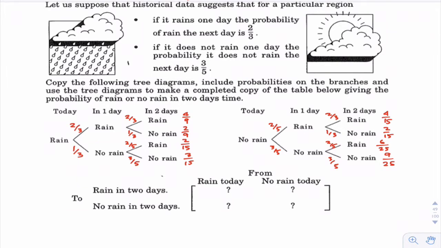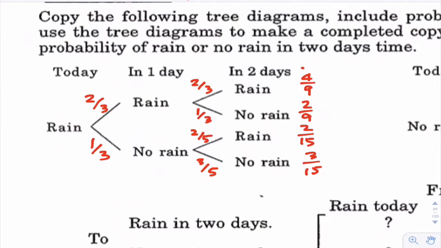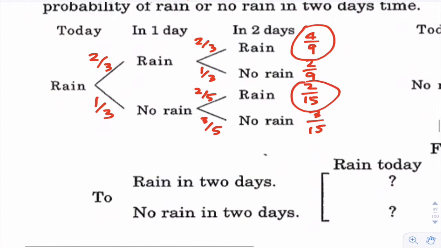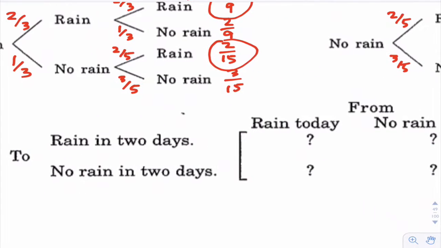So if we look at this tree diagram here, that is the sum of that probability and that probability there, 4/9 plus 2/15. So if you grab your calculator, 4/9 plus 2/15 gives us 26 out of 45. That is the probability right there. It's not a very nice number, but there it is.